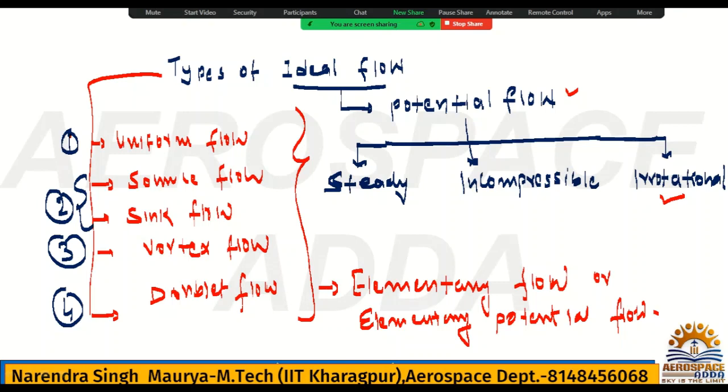So that uniform flow itself is ideal flow, and ideal flow itself is a potential flow, and if it is potential flow, it means itself it is irrotational flow. And if it is irrotational flow, it is a very nice conclusion, you will get circulation 0. There is no doubt about it. So directly you can hit the answer if the question is asked to you, and they will ask you.